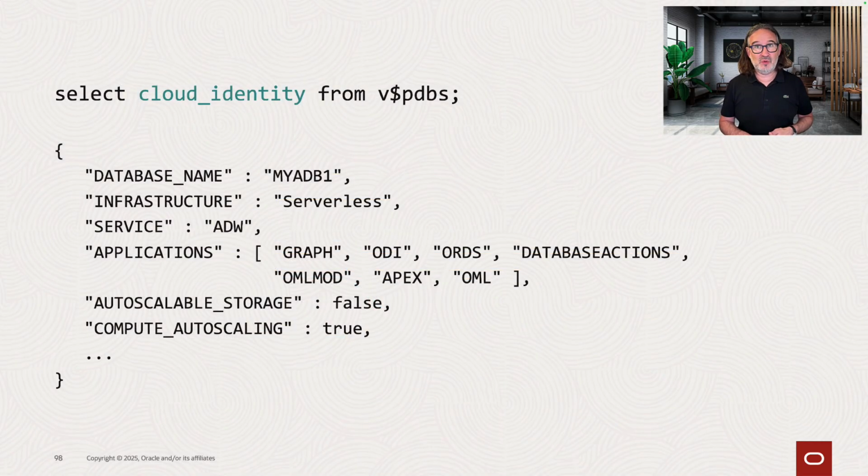Another useful view in the database is V$PDBS. You may know this already, but in this context, there's one very important column, and it's called cloud_identity. You see it already on my slide. It's JSON format, but it has things like whether you're on Serverless or Dedicated, which service you're using, in this example ADW, but also which options or components are configured and available, like Graph or APEX, OML, and so on.